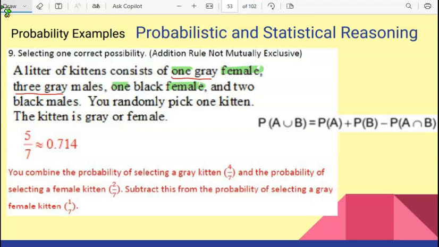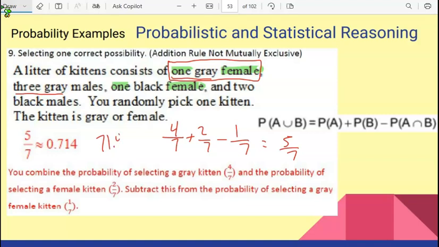And then subtract the probability of kittens that are both gray and female, which is 1 out of 7. 4 out of 7 plus 2 out of 7 minus 1 out of 7 gives you 5 out of 7. That's about 71.4% chance.